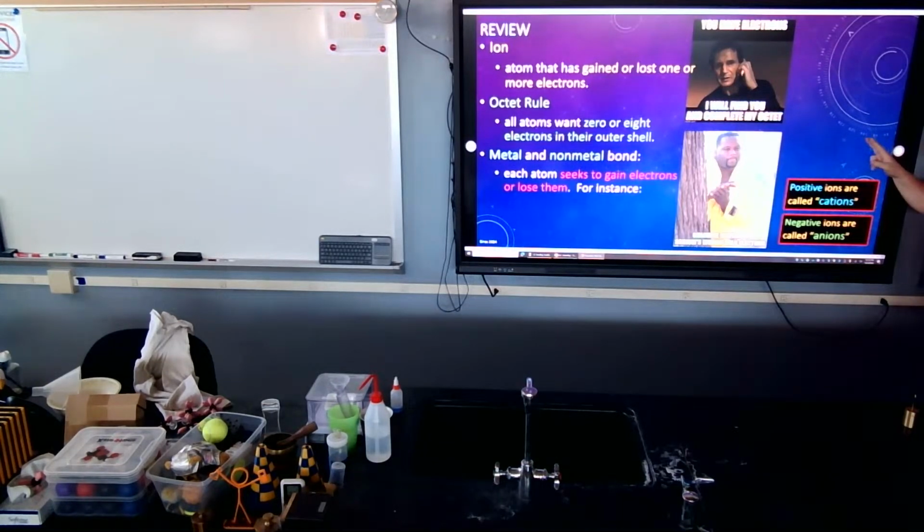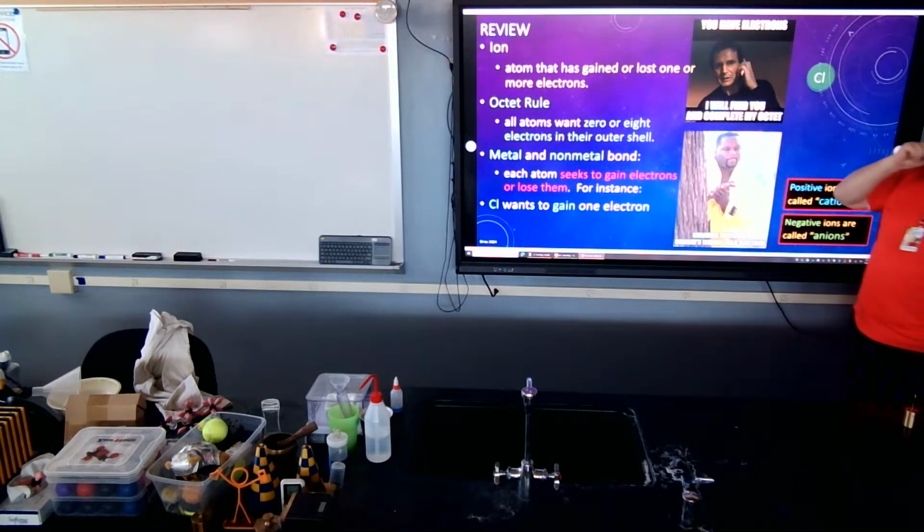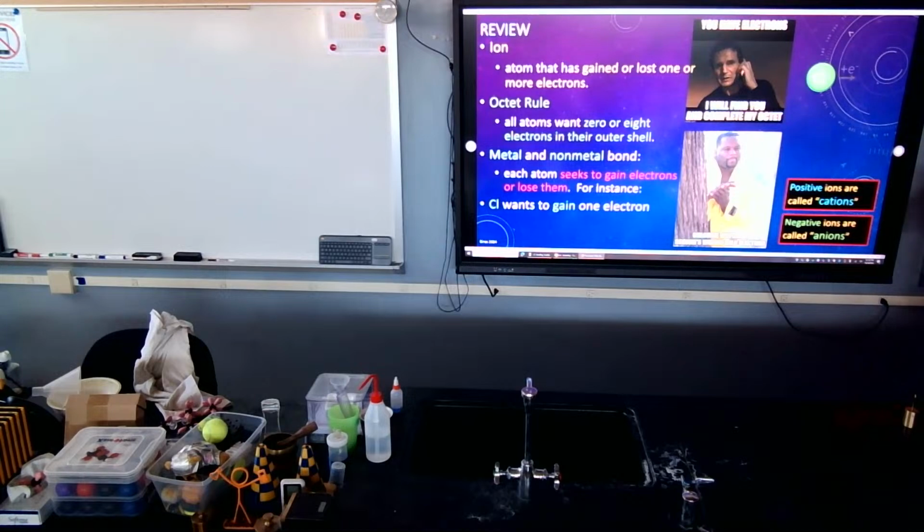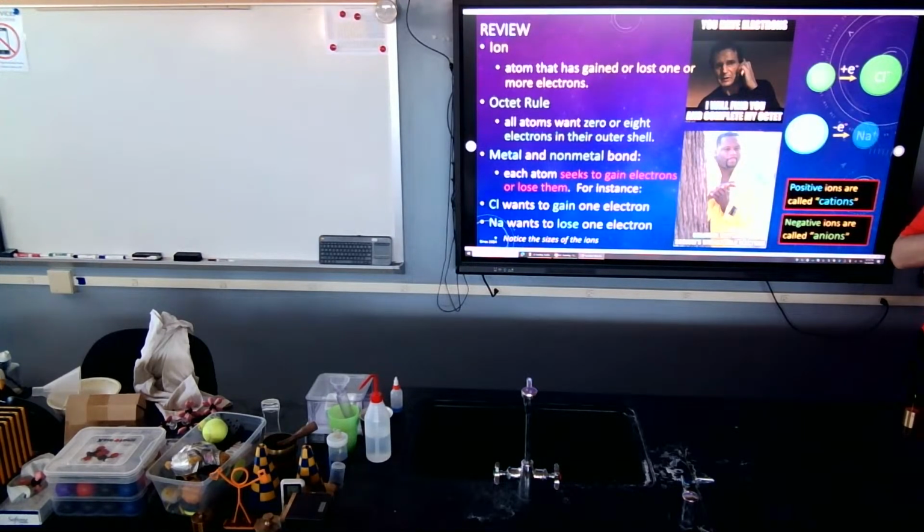So metals and nonmetals. If you have chlorine, again, chlorine has a very high effective nuclear charge. It seeks to gain an electron to become a chloride ion. That is its low energy state. Sodium, on the other hand, it's kind of a misnomer to say it wants to lose 1 electron. It really just doesn't hold on to that electron very closely.